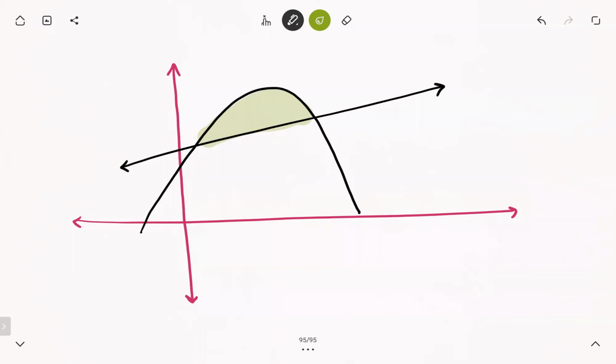Who wants to tell? Yes, Amna, please. Sir, will you just solve simultaneously to find the limits and then plug it in the formula? Okay, yes, the same method.